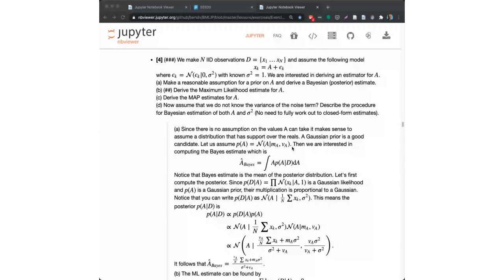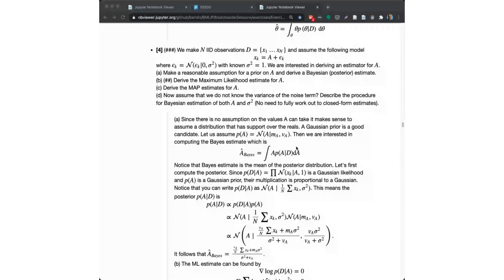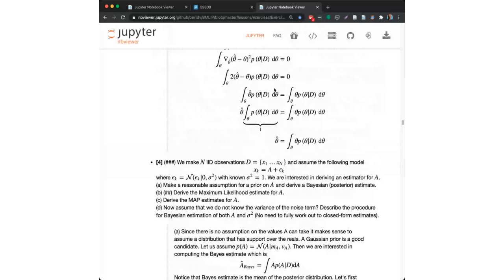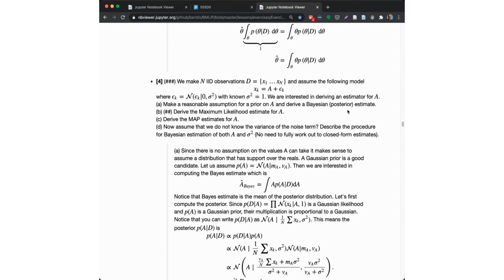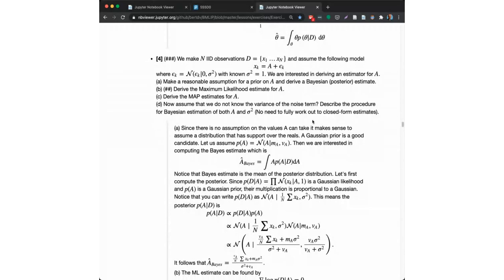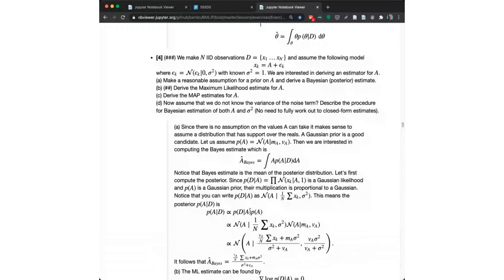Oh boy, I haven't looked at this one for a while, so let's see if I can do that. We make a number of observations, with the following model: x_k is a plus epsilon_k with known variance. We're interested in deriving an estimator, and we derive a Bayesian estimate. So there's a prior here, a Gaussian prior, and there's going to be a Gaussian likelihood. So P of A here is this Gaussian.